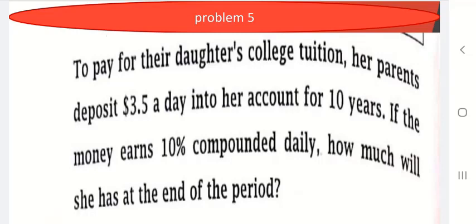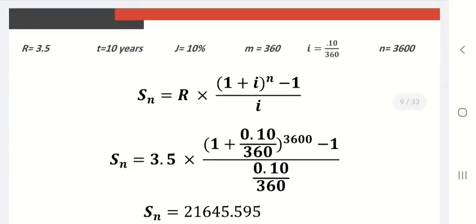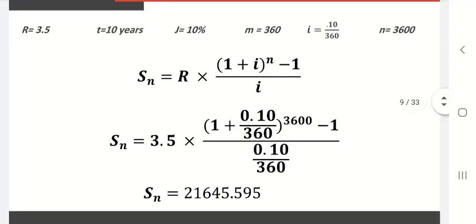If the money earns 10% compounded daily, so J equal 10, M equal 360, and I will be equal 10% over 360. By substituting for R equals 3.5 and J equal 10%, M equals 360, so N will be equal 3600 and I will be equal 10% over 360.